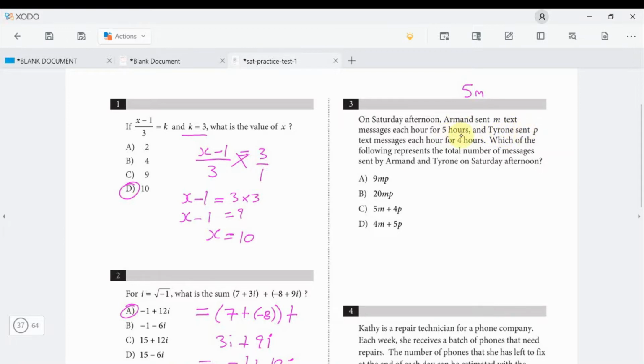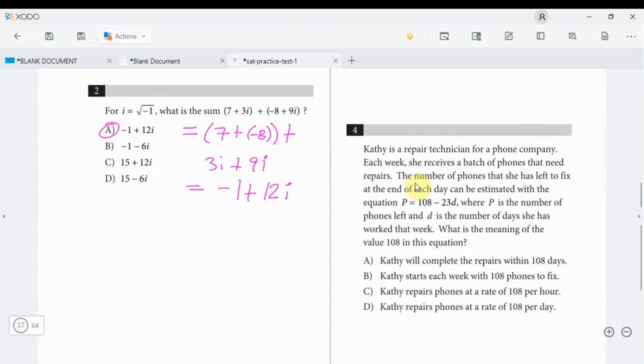And Tyrone sent P text messages every 4 hours. So plus 4P. 4P represents the texts sent every 4 hours by Tyrone. So which of the following gives the total? There you go. Add the two of them. So 5M plus 4P. Easy. That wasn't bad.